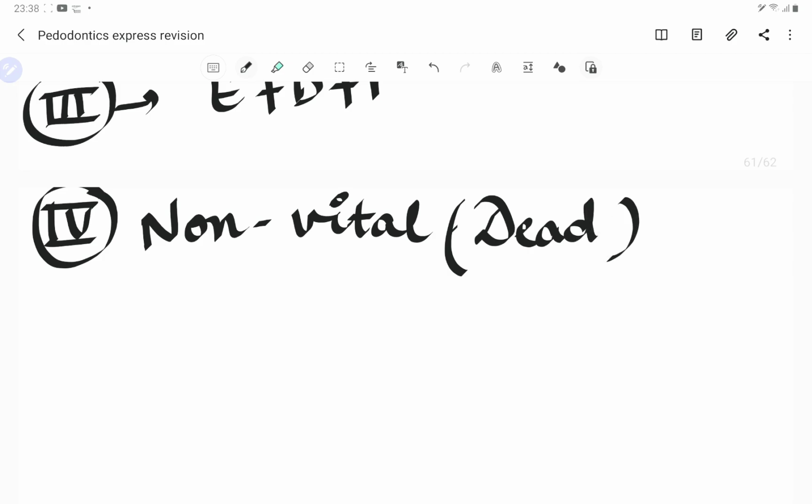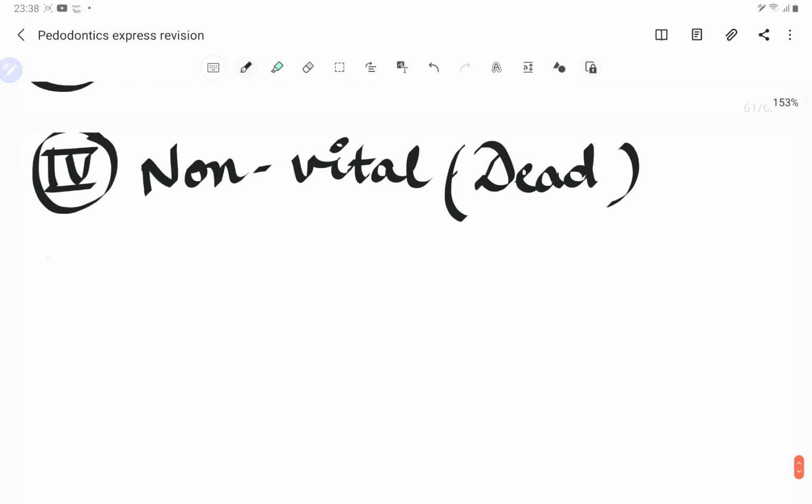There can be involvement of the crown or there cannot be involvement of the crown. That means there can be a fracture of the crown, or there cannot be a fracture of the crown. Irrelevant of the crown fracture, the tooth is dead. It is non-vital in class 4.